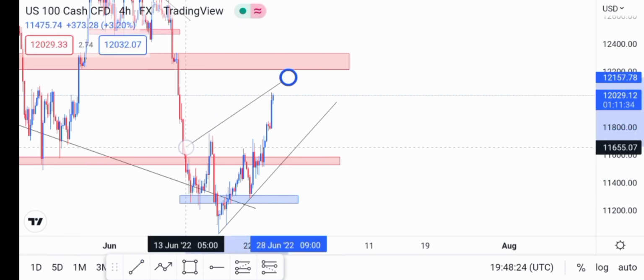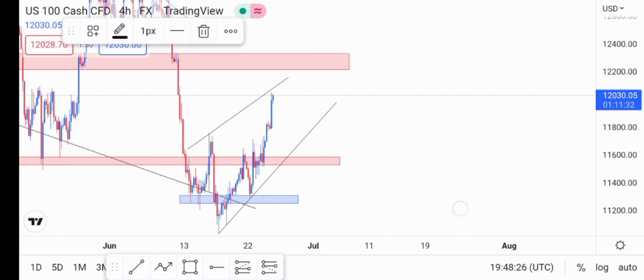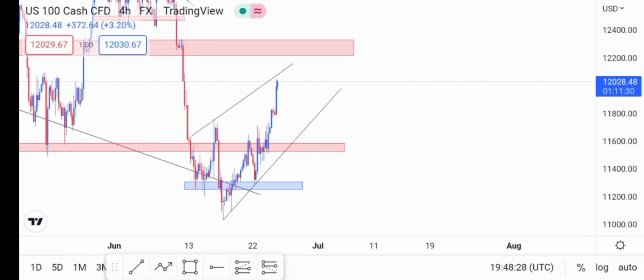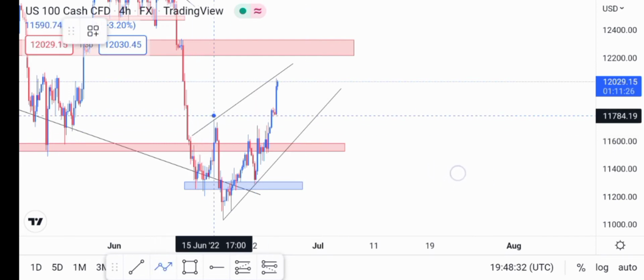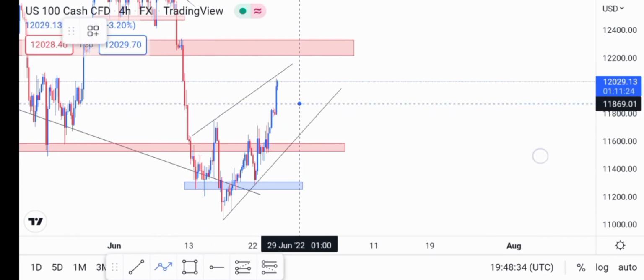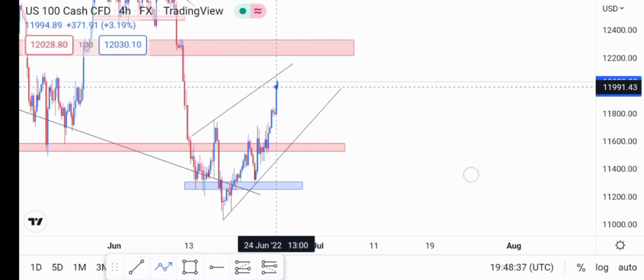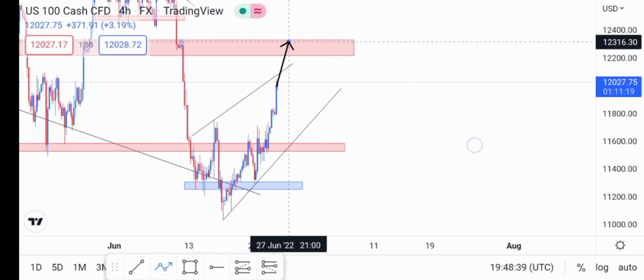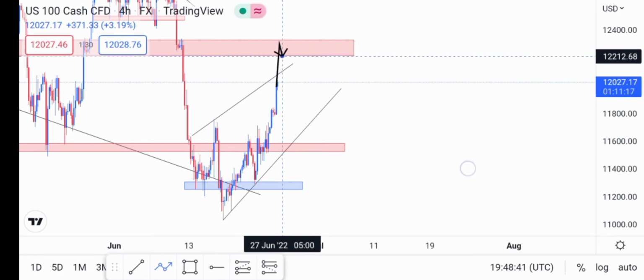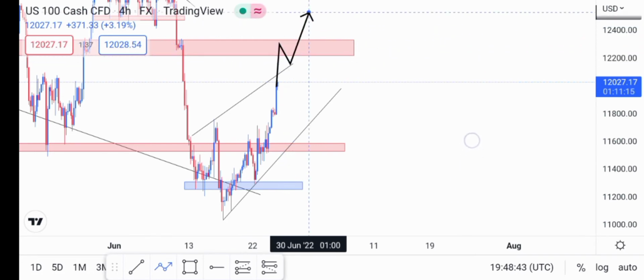So this is what we have on NAS100. We can see NAS100 is pushing to the upper side, maybe from this point over here up until here, and a little bit of a drop back before pushing to the upper side.